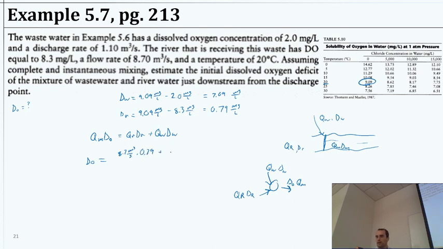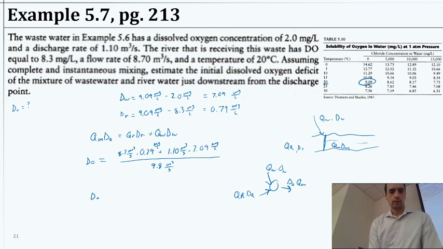We'll add to that the QW, which was 1.1 cubic meters per second, times that deficit, 7.09. And all of that divided by the new total flow rate, which would be 8.7 plus 1.1, so 9.8 cubic meters per second. So if anybody has that handy, I have not added that yet.